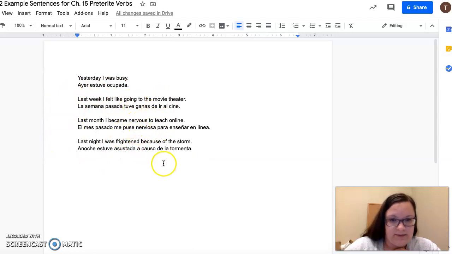You're going to see clauses that are dependent or independent. You're going to see prepositional phrases at the end of these sentences. So when I tell you that you need to use your preterite tense construction, this is what I mean, okay? Your sentence is typically going to start with one of these words that clues us into the fact that it's past tense, it's already happened. Then it's going to have your verb, and then it's going to tell us what actually happened in the rest of the sentence.